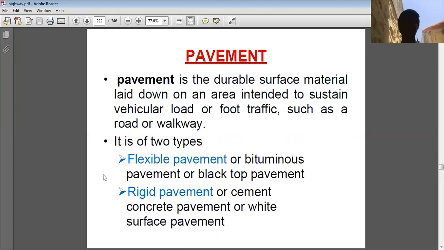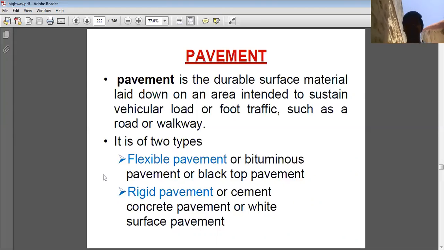There are mainly two types of pavement materials: flexible pavement and rigid pavement. Flexible pavement is bituminous pavement or blacktop pavement. Rigid pavement is cement concrete pavement or white surface pavement. Flexible pavement uses bitumen and is black in color. Rigid pavement is concrete pavement; with recent technology, a lot of concrete roads are being made in cities. Flexible pavement is normally provided on state highways, national highways and district roads.